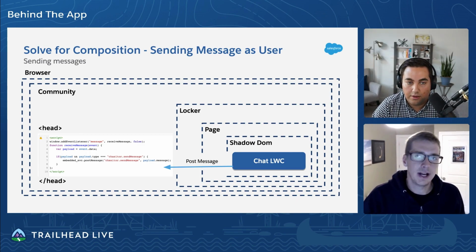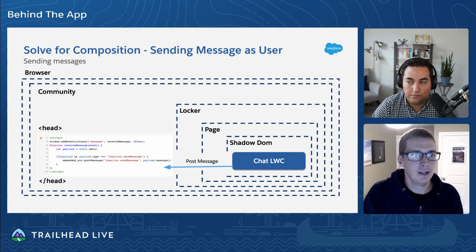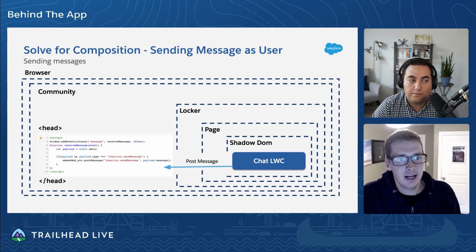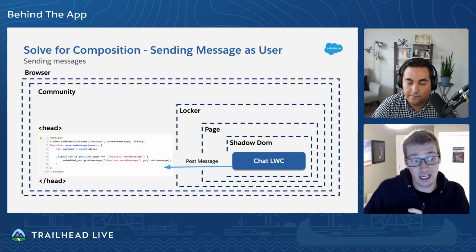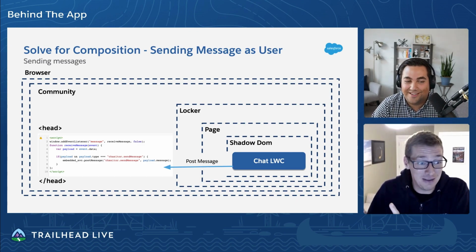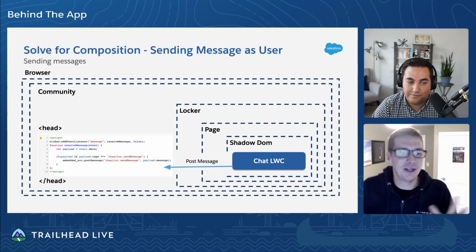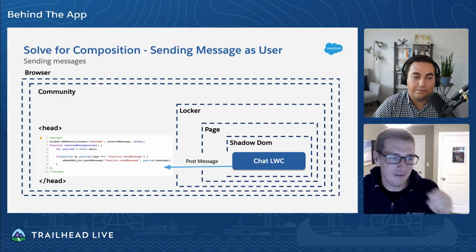Yeah. If you think about it, and these boxes do a good job, you have your community, then the page, and then the chat component. And inside of the chat component, you have our LWC pack. So there are a lot of different levels that Locker is going to be worried about.